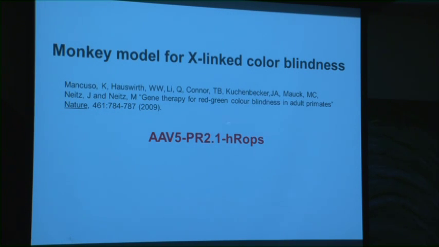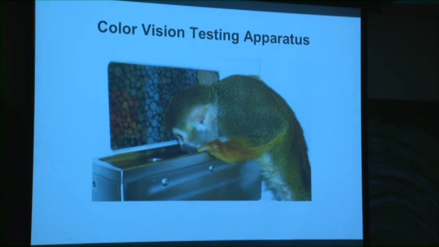In this case, the human red opsin cDNA is what we're going to deliver. This is in collaboration with the Neitz lab, formerly at University of Wisconsin-Milwaukee, now at University of Washington. And I can't go into a lot of detail on this, but the testing apparatus, they've trained the red colorblind monkeys to select between 3 panels here.